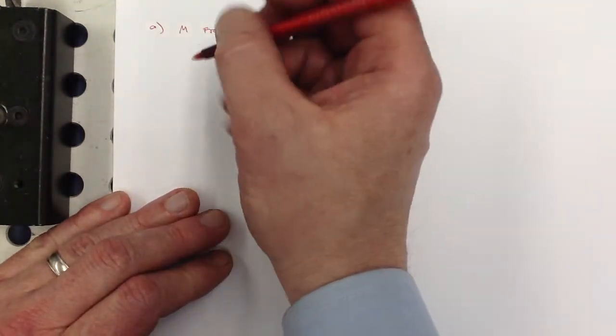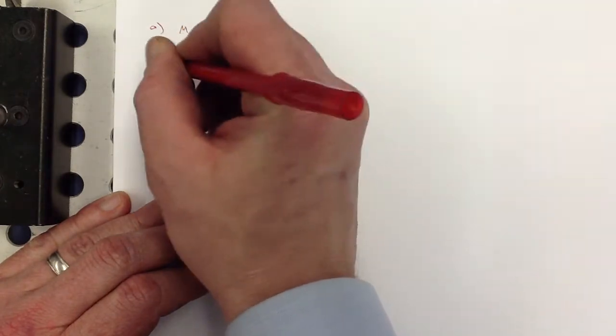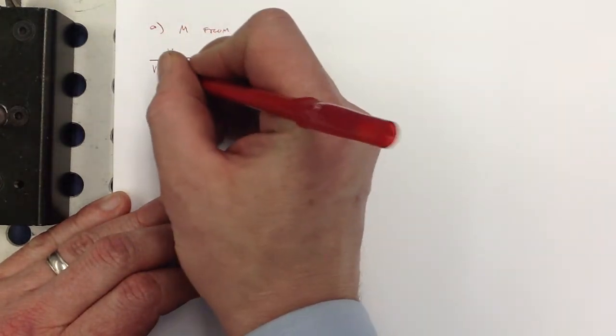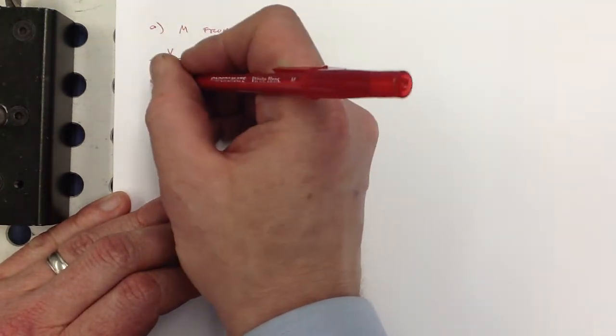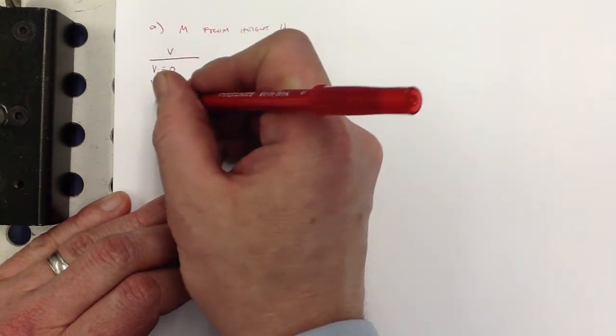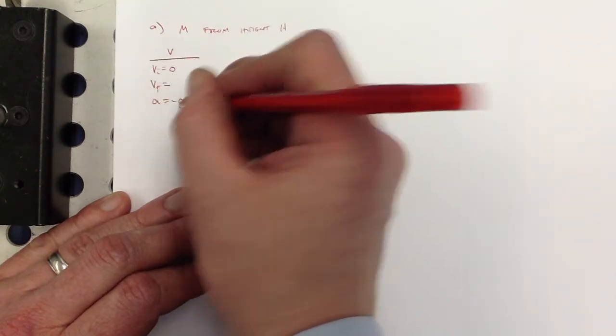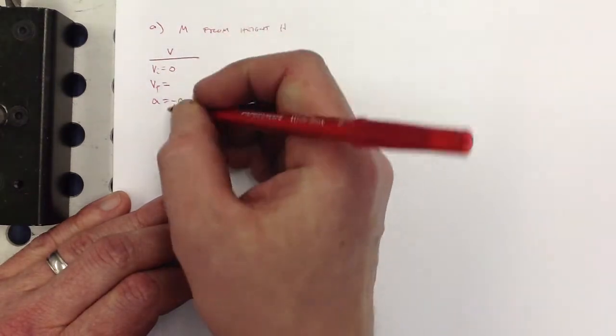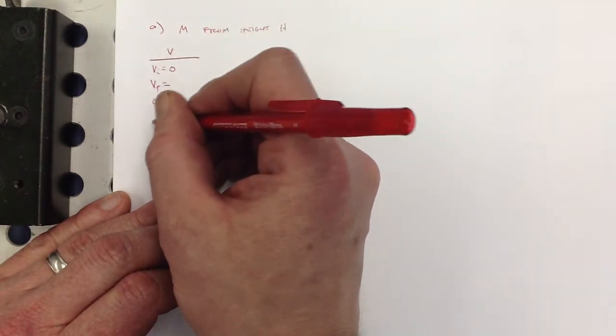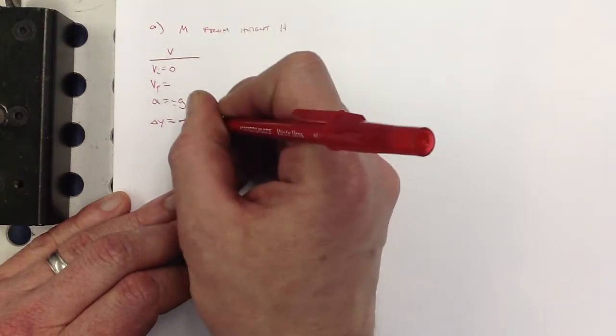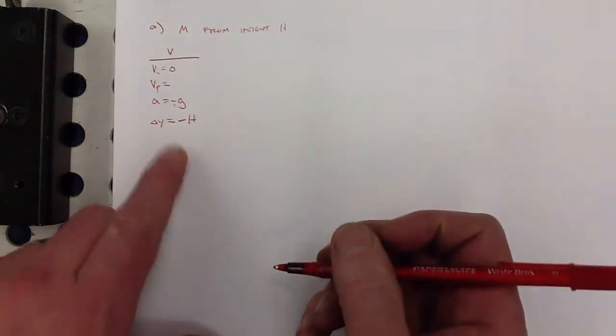It's just a vertical problem. So in the vertical direction, we're dropping it with an initial velocity of 0. We would like to know its final velocity. Its acceleration is negative g, in other words 9.8 down, and its delta y, it's dropping a distance of h.